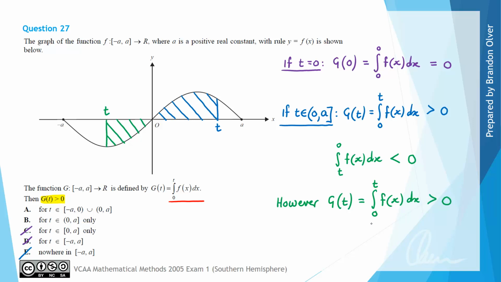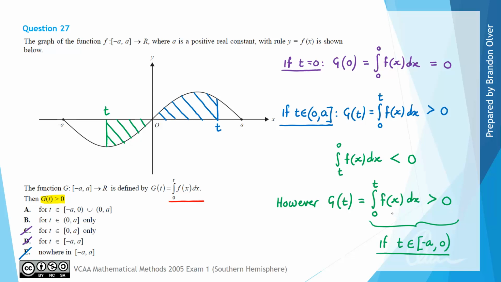So here, we are considering the case if t was an element of negative a to 0. Using what we've just found, and there was a lot going on there, we found that if t was between 0 and a, 0 not included and a included, we got a positive value out for g of t.